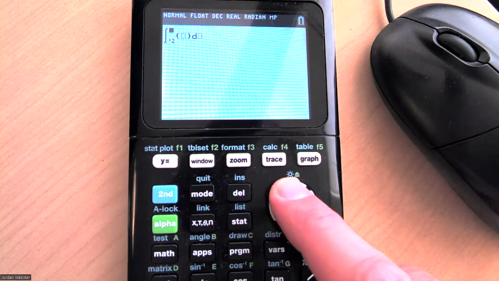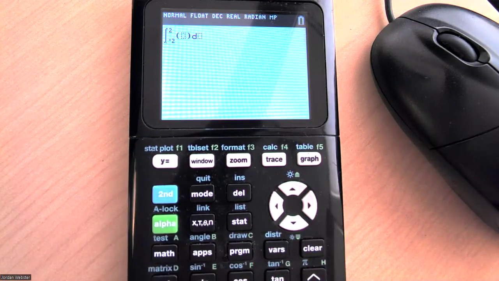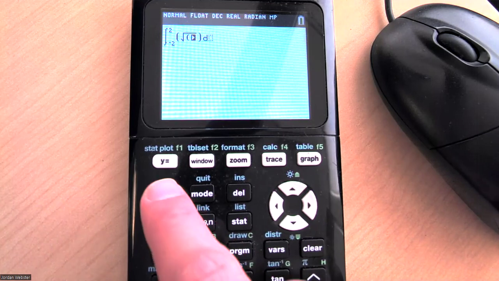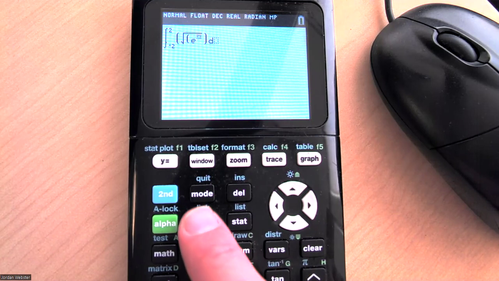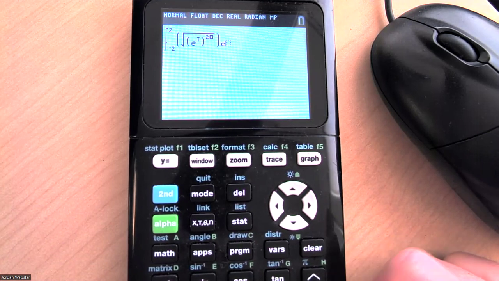I'm going to go from -2 to 2. And then I take a square root in parentheses, e. And then when I hit this variable button, because I'm in parametric mode, it's going to give me the variable t.